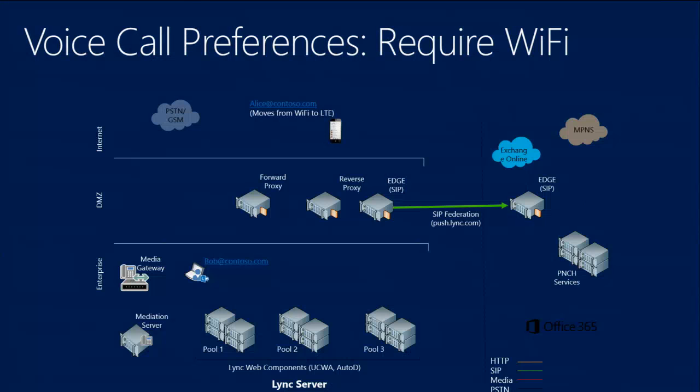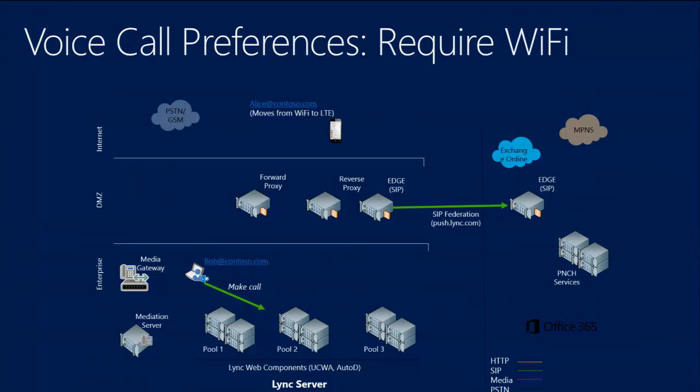So here we have a scenario where Alice was signed in, she registered, she was on Wi-Fi, but then she signed off of Wi-Fi, or she turned it off for whatever reason, she dropped her connection. So now she's just on the 3G connection via Lync. So here we go, it requires the Wi-Fi for VoIP settings.